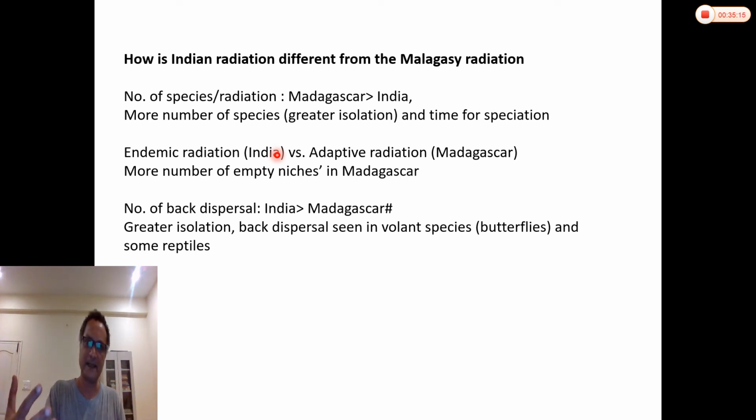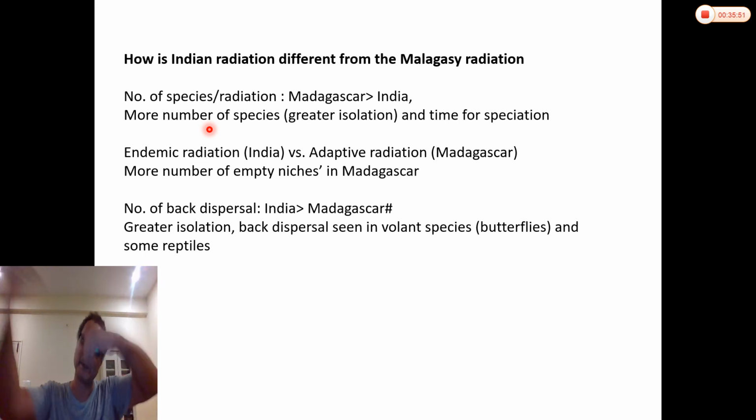Okay, so to wrap this up, as I said, Indian plate and Malagasy plates are sort of sister because they were together and then they separated, went their own ways, and from an evolutionary perspective too, their biotas are quite different today. Madagascar has been an island for a much longer time than India. So, if you look at the number of species in the various radiations in Madagascar, there are more number of species because longer isolation time and greater isolation.